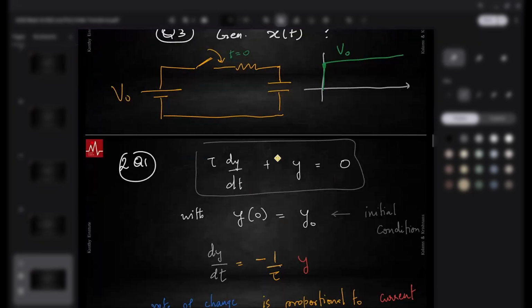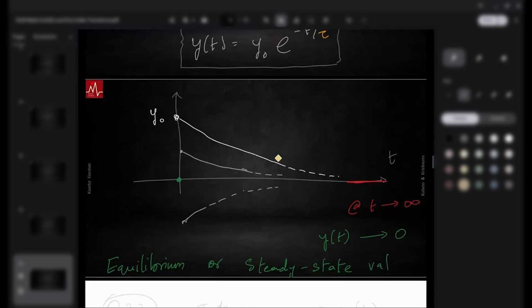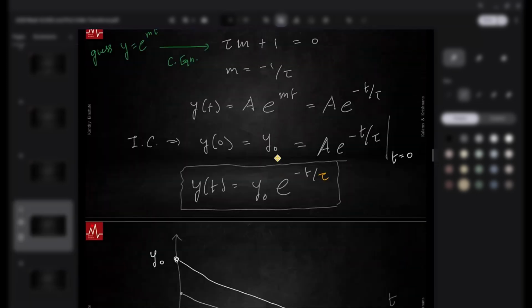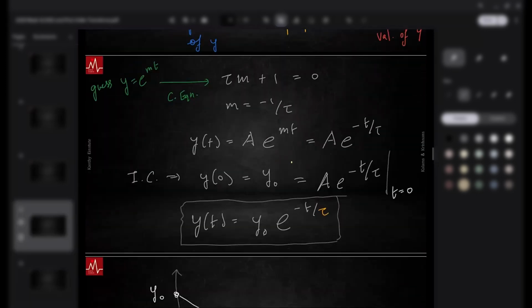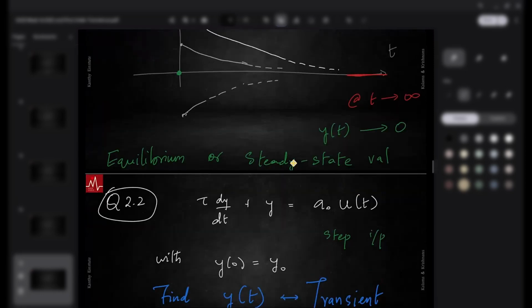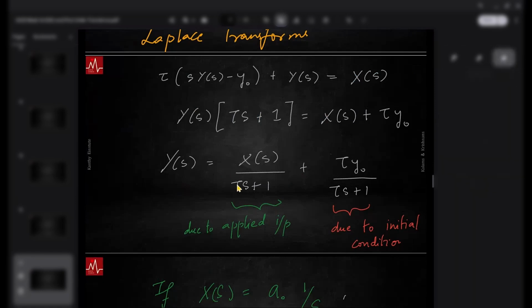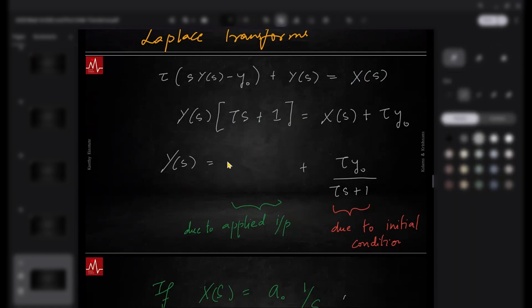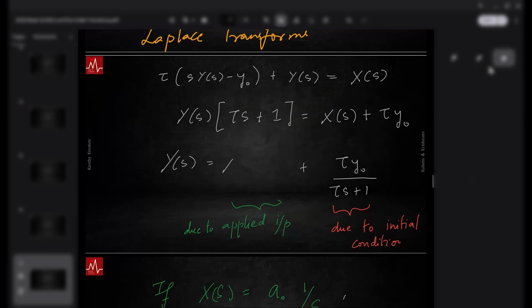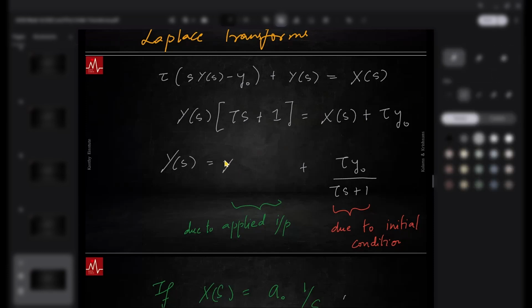Also, we had a transfer function. Notice here also technically we had a transfer function. If you want to study things as a function of time with the initial condition, use Laplace transform. There is a transfer function here. Notice this is your transfer function, X of s, 1 by 2s plus 1.